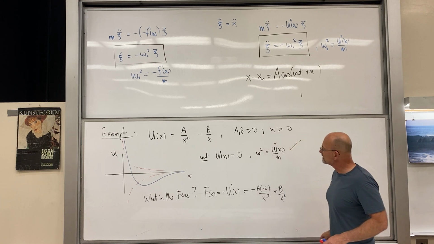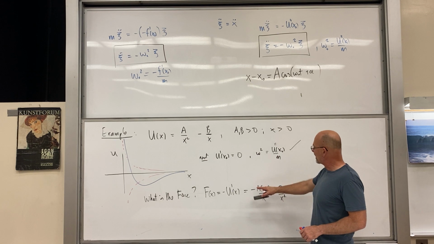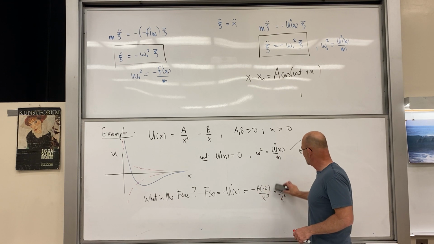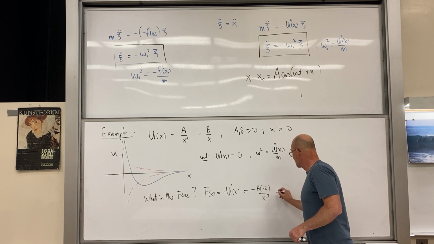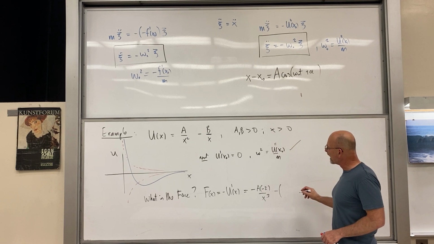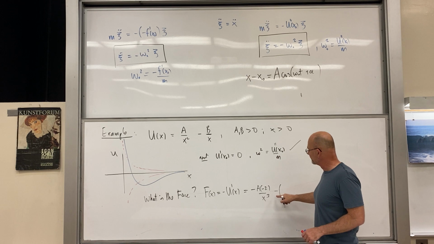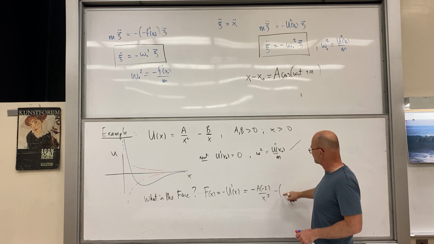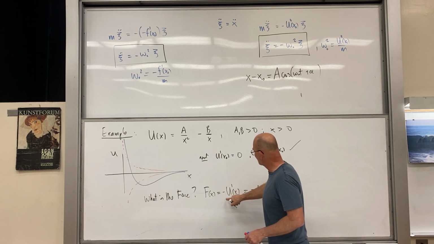Actually, did I get the minus sign there? So minus a minus 2 over x cubed, minus b over x. So yeah, I had the sign mixed up there. So there's the minus sign from there.